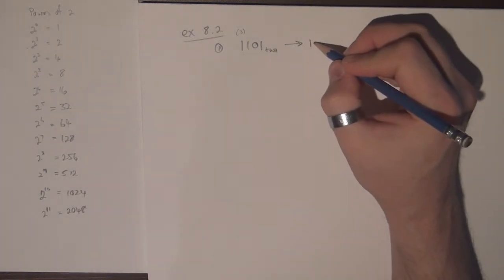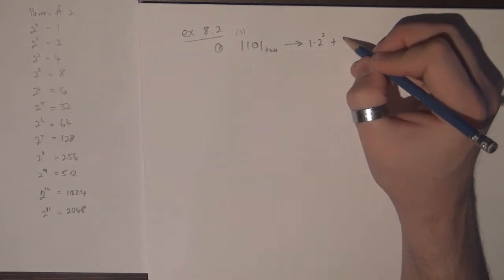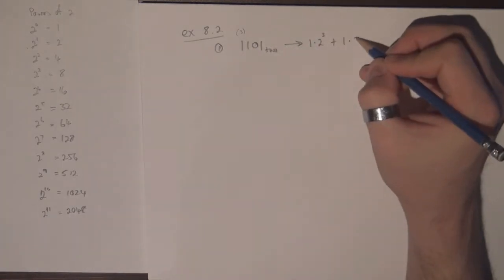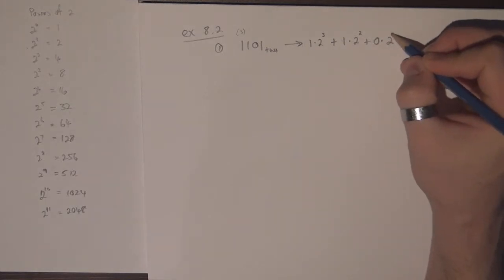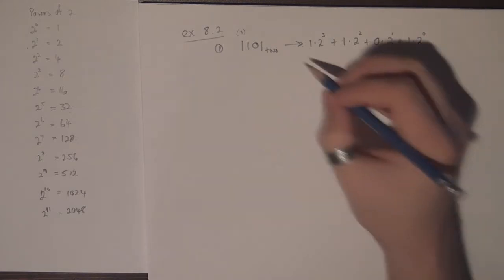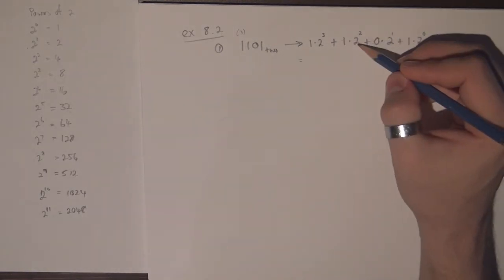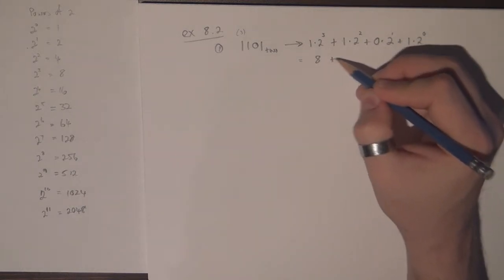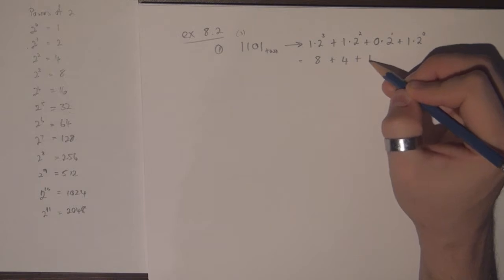So it's 1 group of 2 to the 3 plus 1 group of 2 squared, plus 0 groups of 2 to the 1 plus 1 group of 2 to the 0. Now that's 8 plus 4 plus 1.